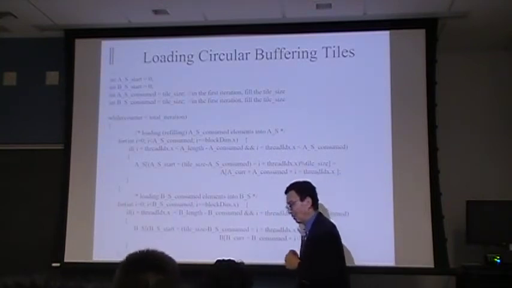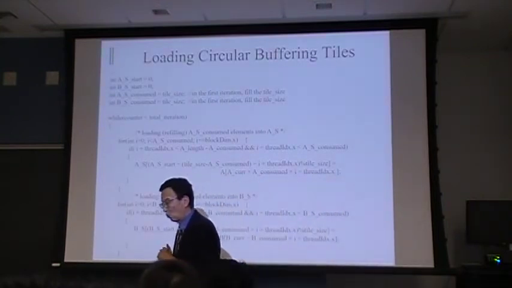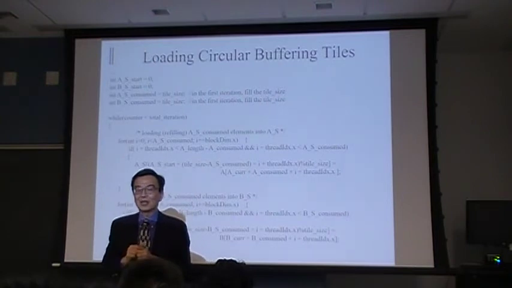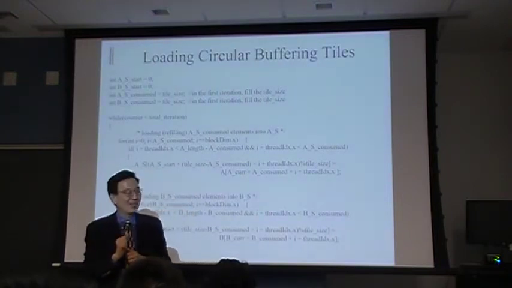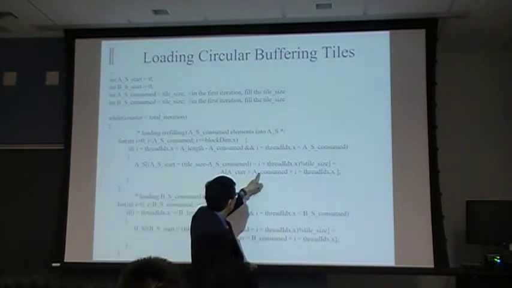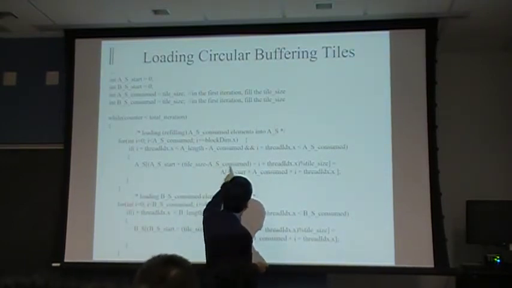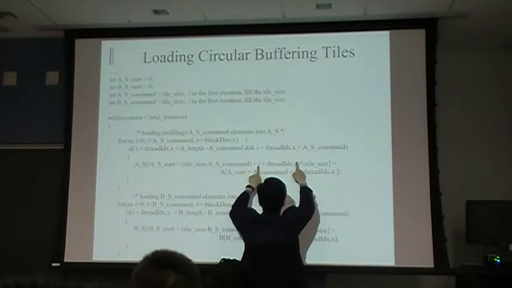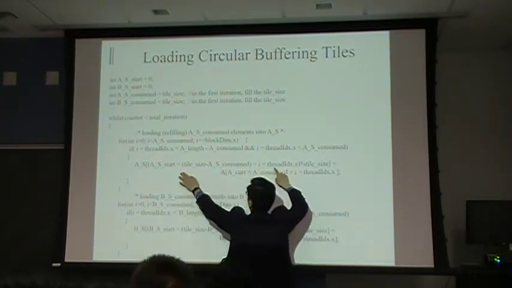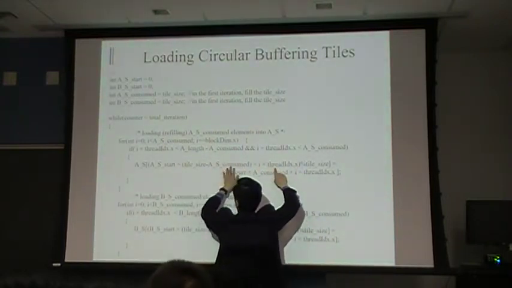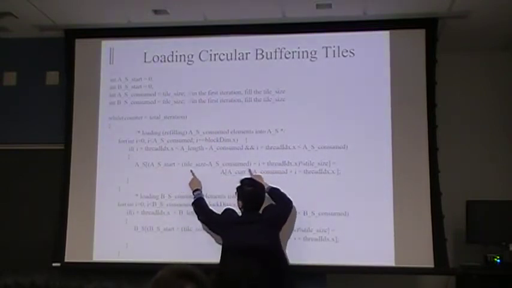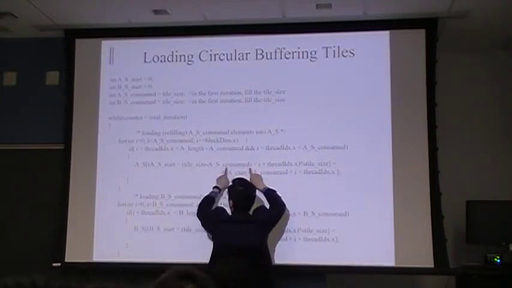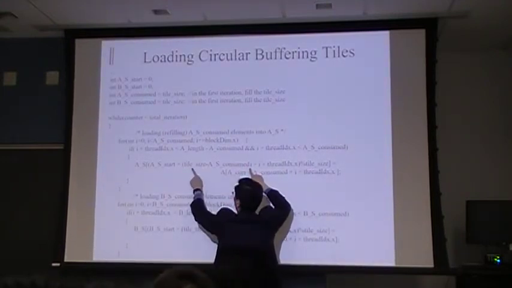In fact, this is the part that is worth reading in the textbook. I spent several days writing that part in the textbook. So that you will see how this is the beginning part. This is where the tile starts, and then this is the amount of data that has been consumed, subtracted from the tile size.